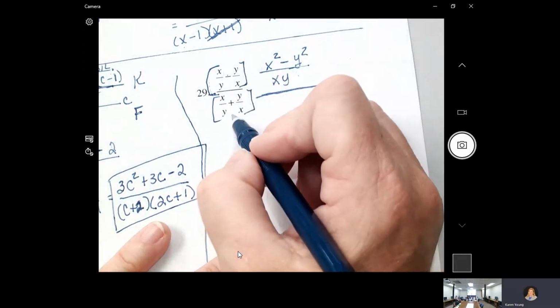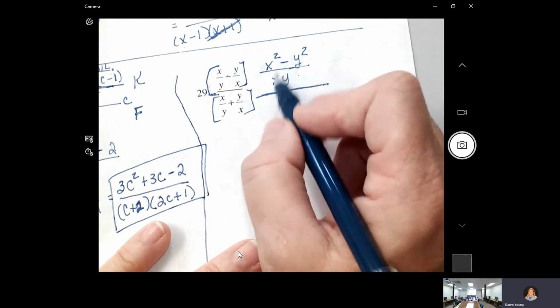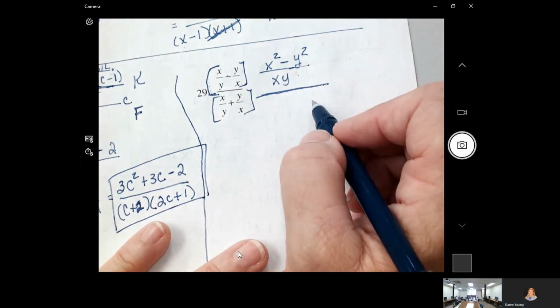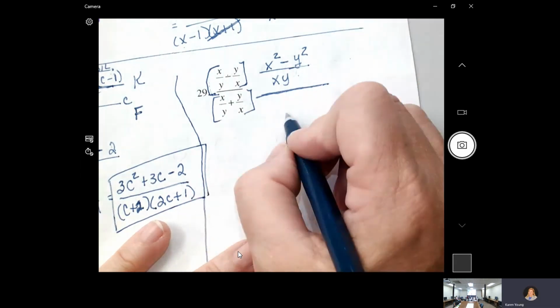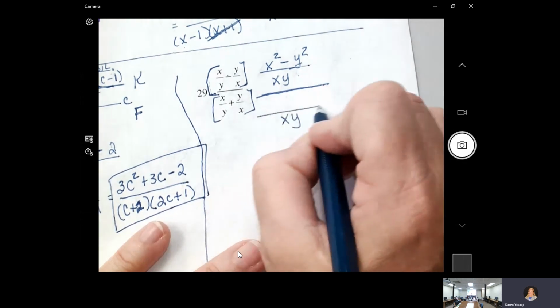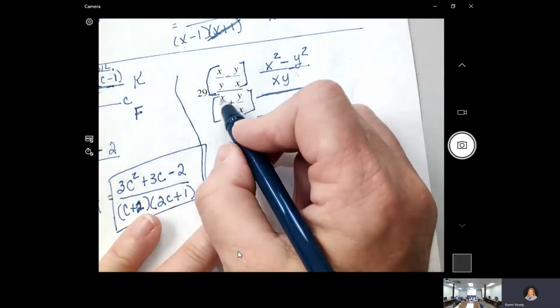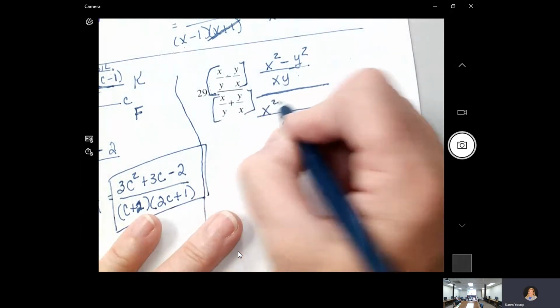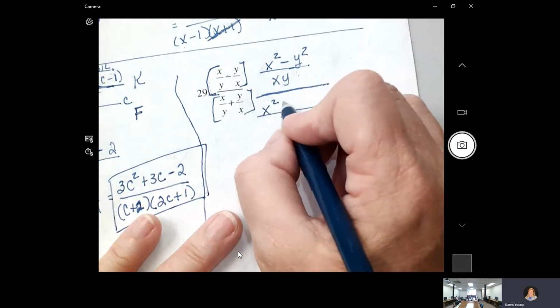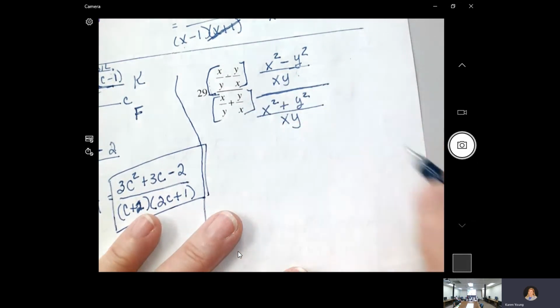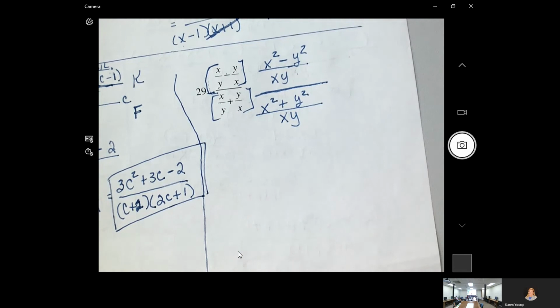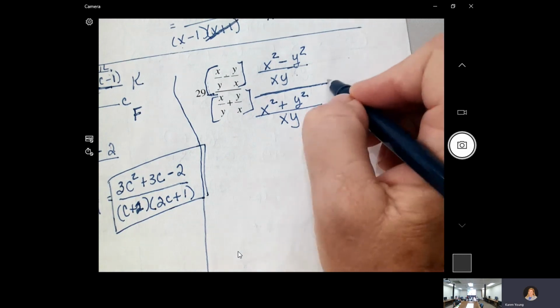In the denominator, we're going to do the same thing to this denominator that we did to this numerator. So y times x gives me an xy or yx for the denominator, and then x times x gives me x squared. Y times y gives me y squared, and this one's plus. Now, we still have to keep, flip, and change because this is still division.